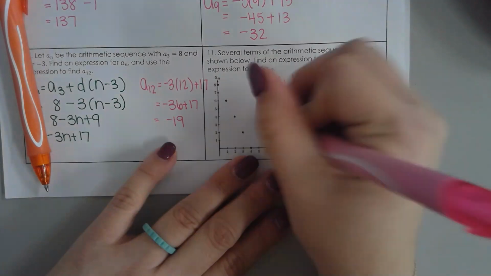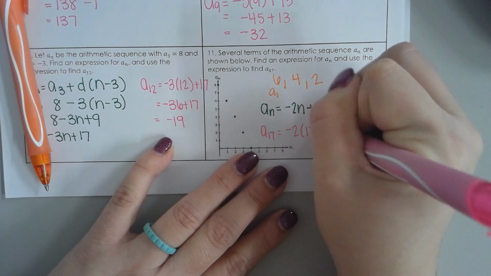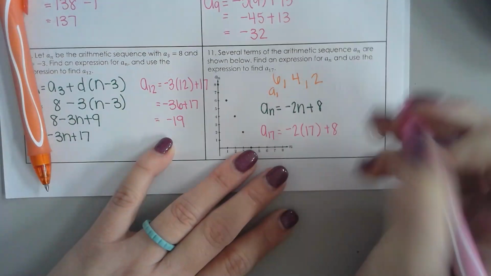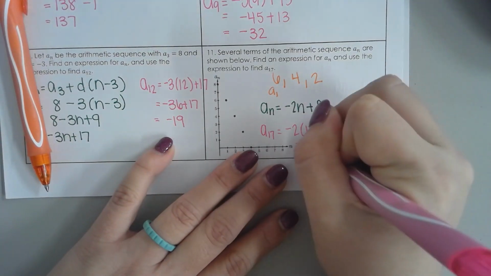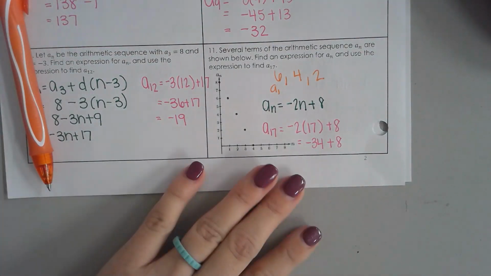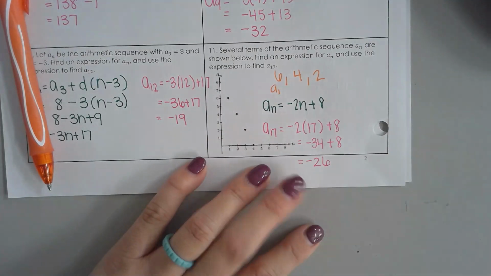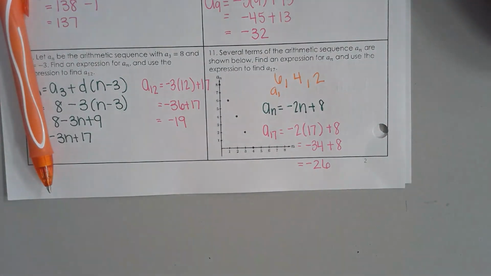And so then a17 is negative 2 times 17 plus 8, is negative 34 plus 8, which is negative 26.